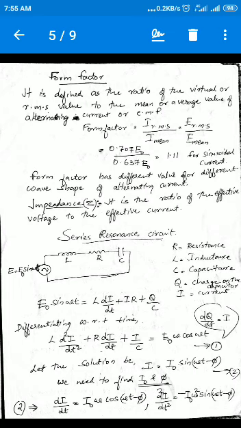For finding them, we need to take this solution and back substitute into equation 1. If you take the differential of it, di by dt, you will get I0 omega cos omega t minus phi. The differential of sin omega t minus phi is cos omega t minus phi into omega.